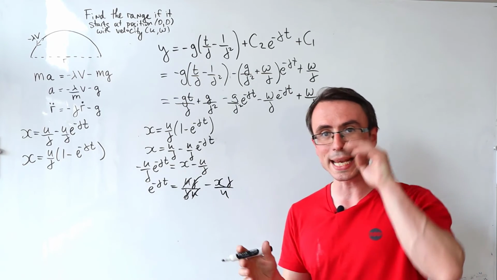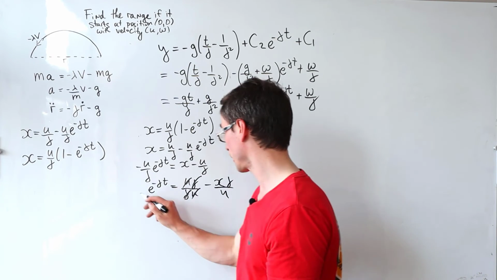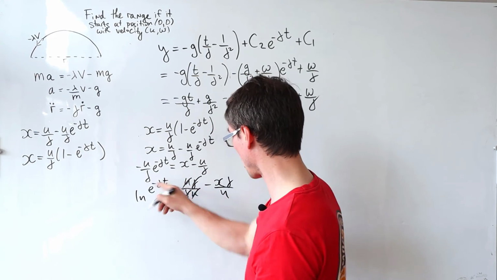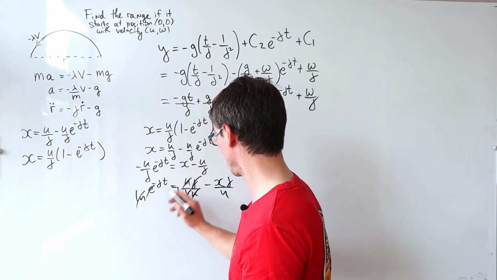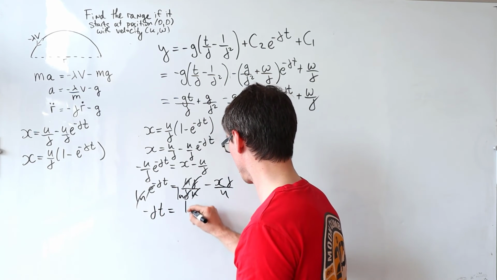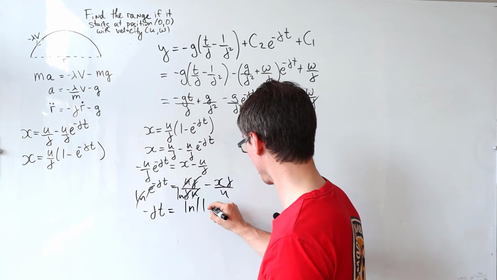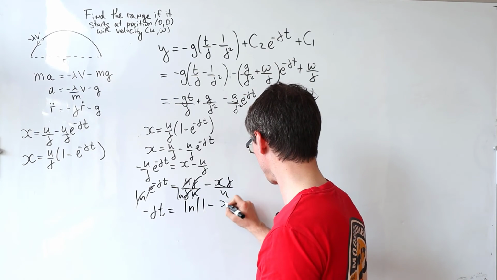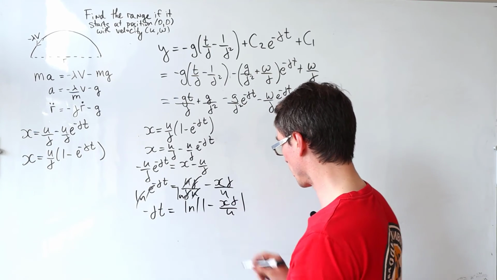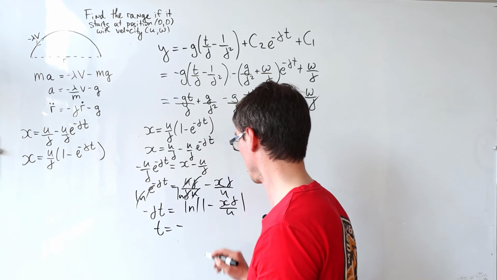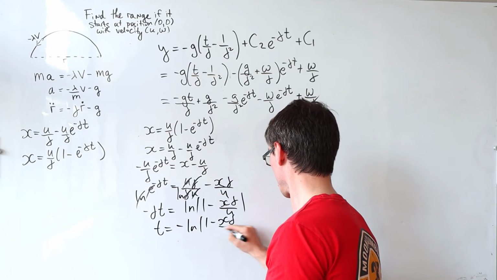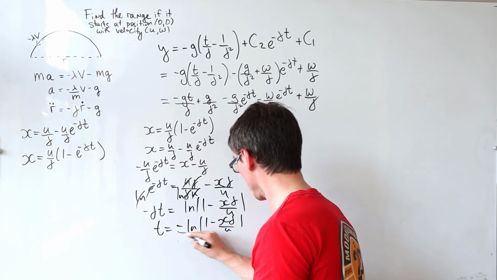Okay, now I'm going to take the natural log of both sides so I can get rid of this exponential. So that's going to go, and what I'm left with is minus gamma t will be given by the natural log of 1 take away x gamma divided by u, and all we need to do is do minus ln absolute value take away x gamma over u, divide that.